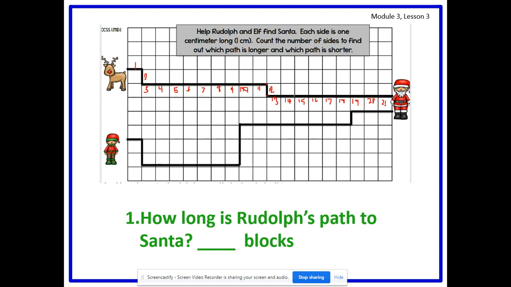Wow, Rudolph has a long way to walk to get to Santa.